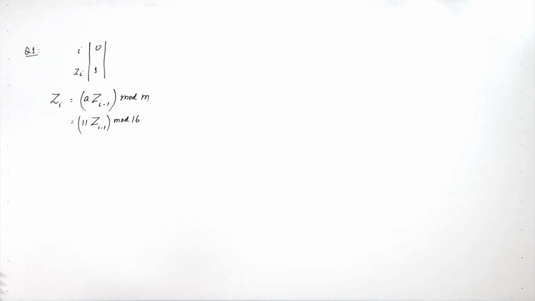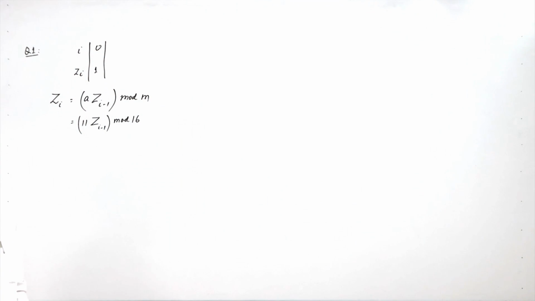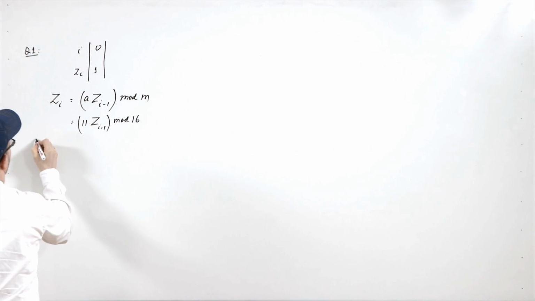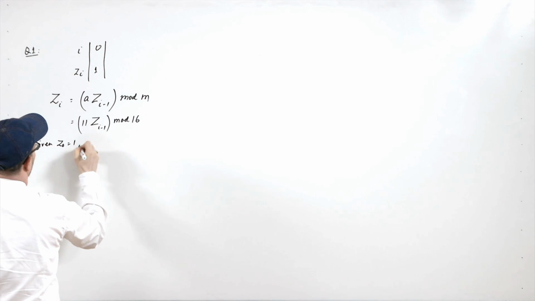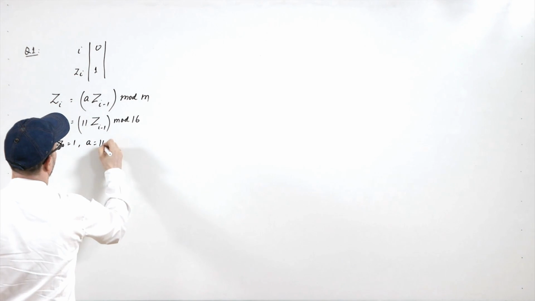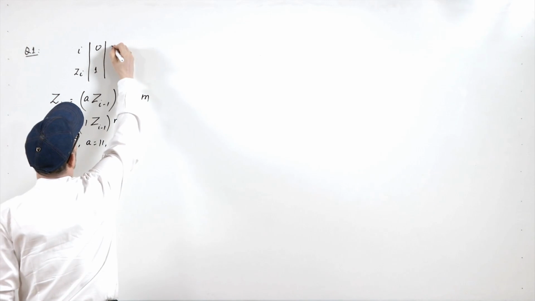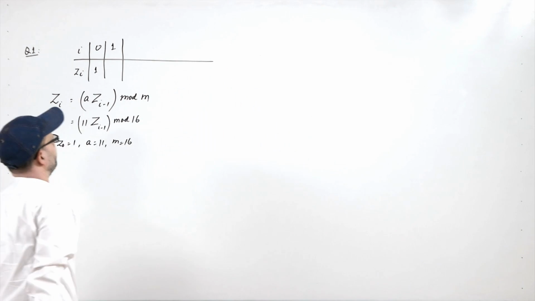Once I is 0, Z naught is given as 1, A as 11 and M as 16.